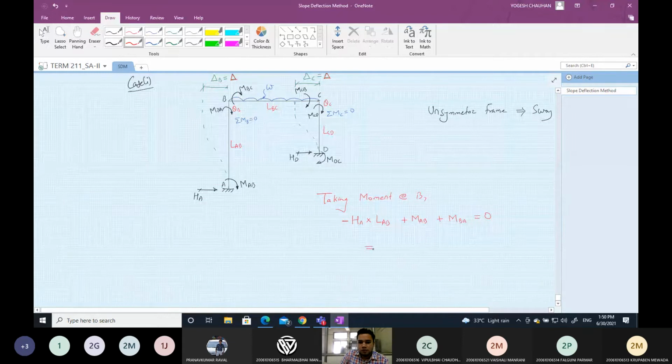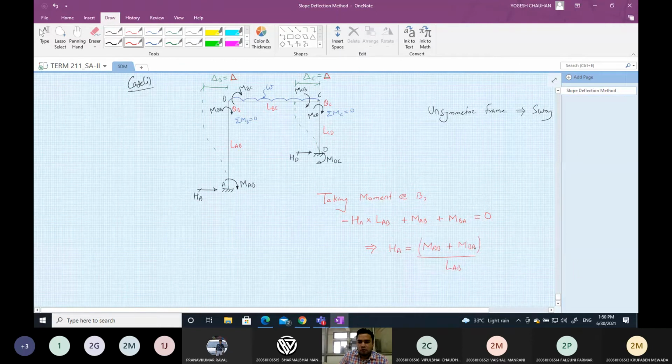So this implies your HA will be equal to MAB plus MBA upon LAB. Okay, mark this as number 1.